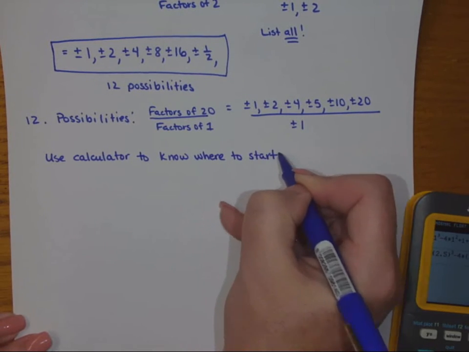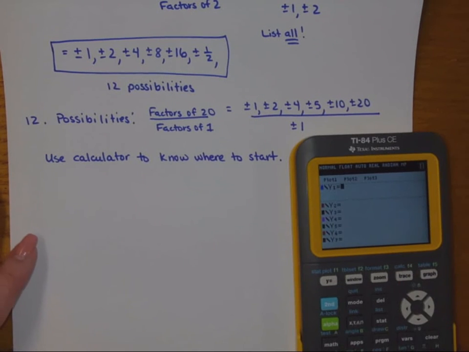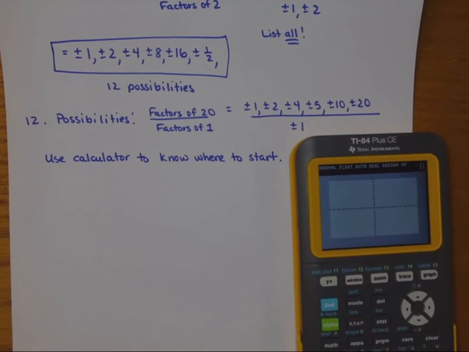I'm going to be like, here's a function, and here is where I want you to start as far as zeros go. So let's go x to the 4th minus 7x cubed plus 14x squared plus 2x minus 20. So we're going to graph that.